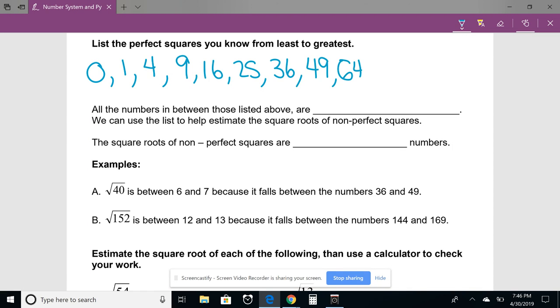Excuse me. 9 squared, 81. 10 squared, 100. 11 squared is 121. 12 squared is 144. We'll stop there. Okay. So those are perfect squares. When you find the square roots of those numbers, you get whole number solutions. All right.